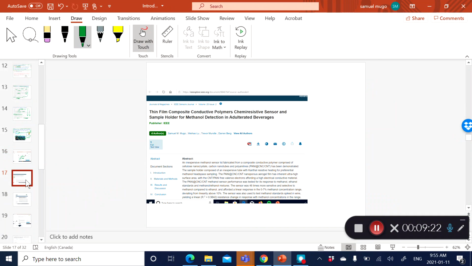Maybe another excellent example of a published paper coming from 311 students is this one, where the students developed a chemiresistive sensor for detection of methanol, which is often used to adulterate alcoholic beverages in different countries, because of course, methanol is going to stone people much more quickly than ethanol.